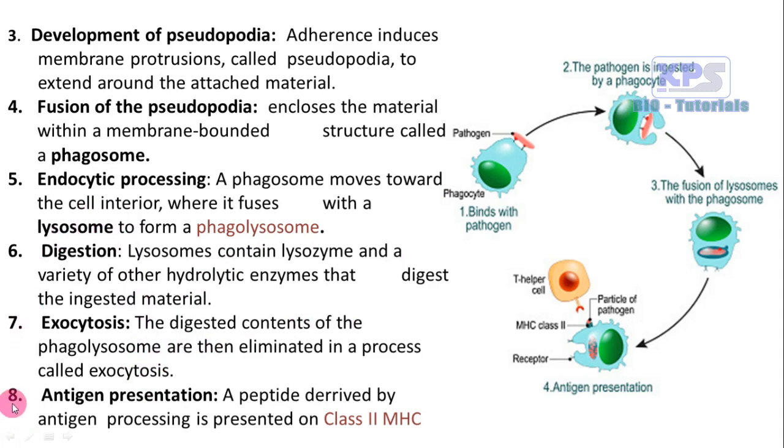Then the last step is antigen presentation. A peptide derived by the antigen processing is presented on class 2 MHC molecules. After digestion of the antigens, some peptide molecules will be derived from the antigen, and that peptide indicates the presence of the antigen and will be presented on class 2 MHC molecules.